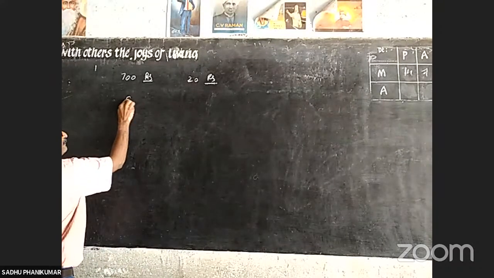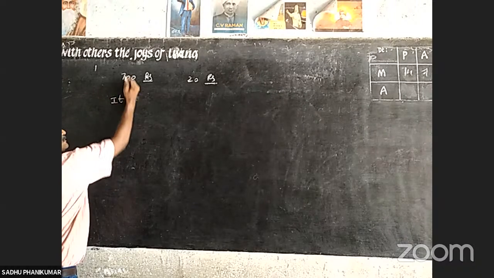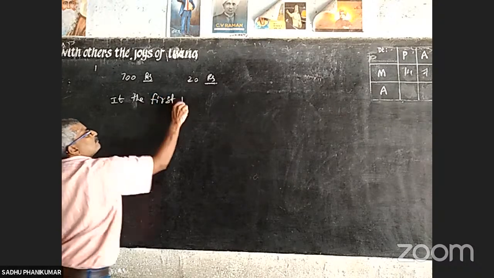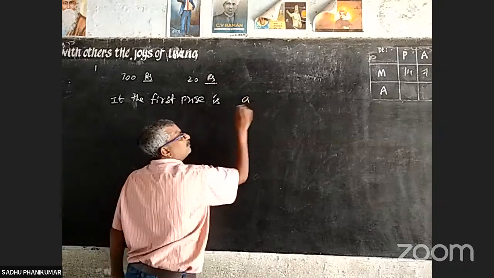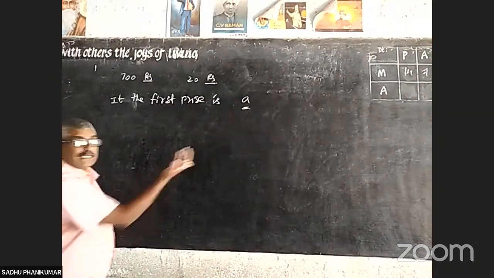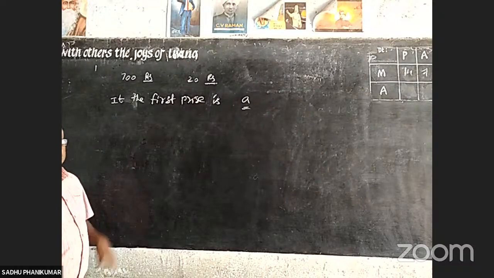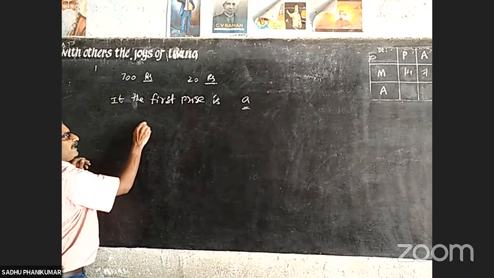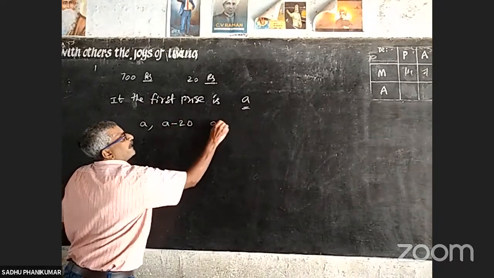Supposing that the first prize is A. Every prize is 20 rupees less than its preceding prize. That means it is 20 rupees less than the previous one, so A minus 20, A minus 40.